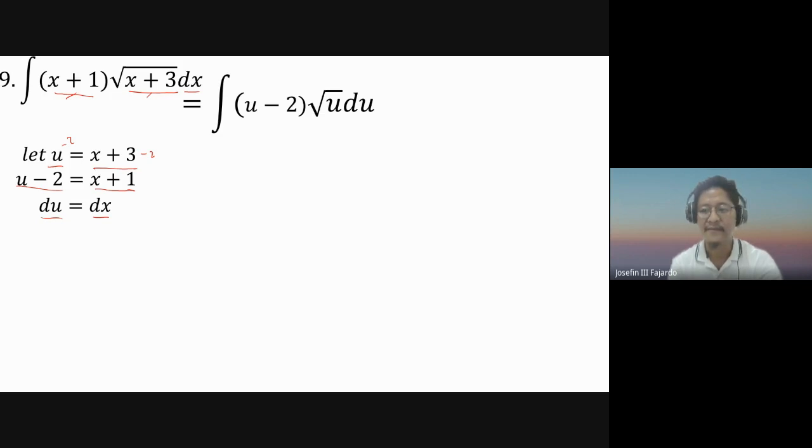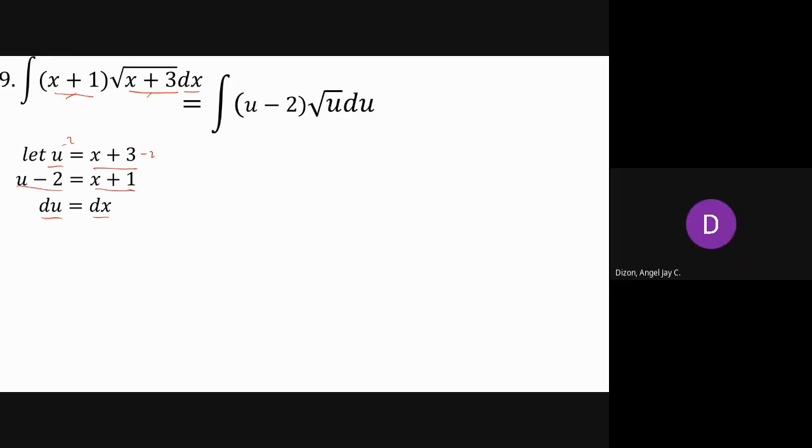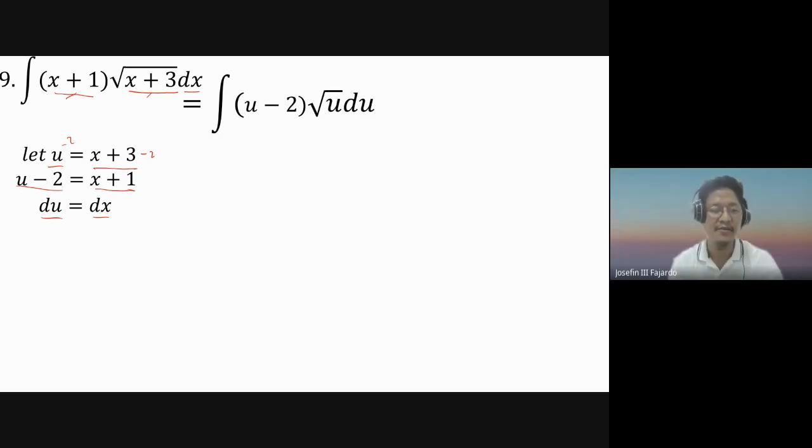Okay? Malinaw po ba? Sir, paano po ulit naging minus 2? Ang kailangan kasi natin dito ay makakuha ng value in terms of u na x plus 1. Kasi may x plus 3 na tayo, di ba? Si x plus 3 ay equal sa u.